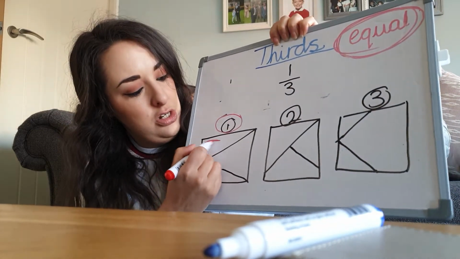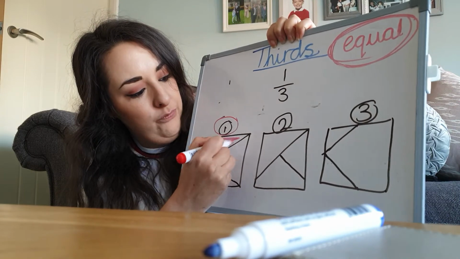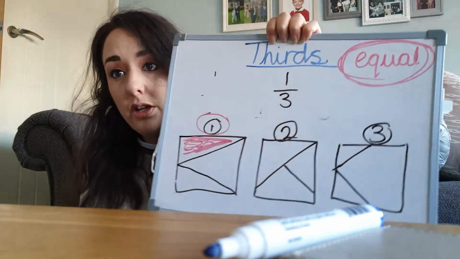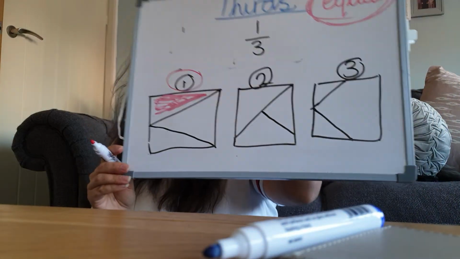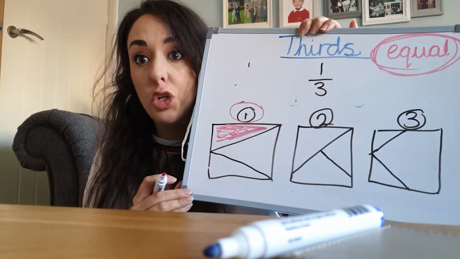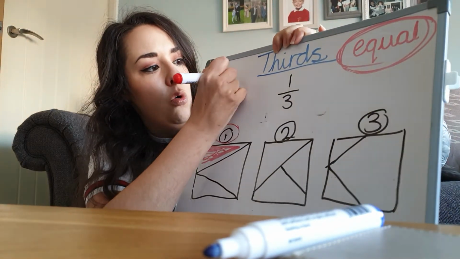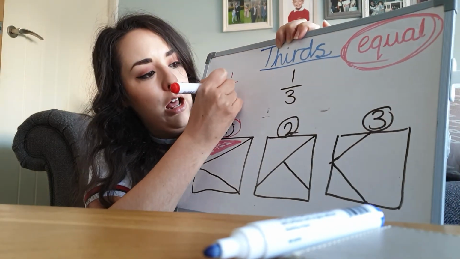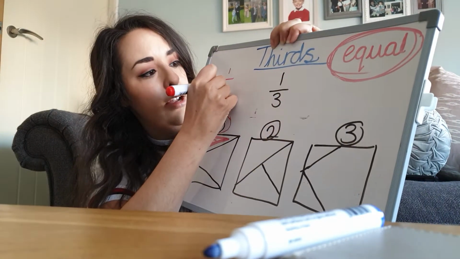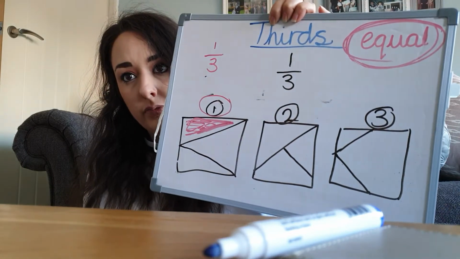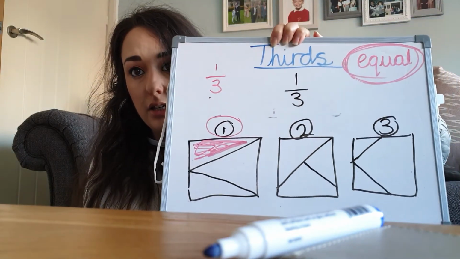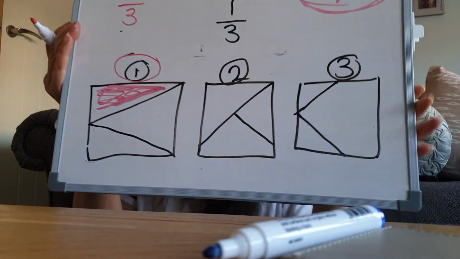That's right, just 1. So when you're finding thirds, the shape is being split into 3 equal parts, and it's written like this: 1, and then a line under it, and then a little number 3. Okay, thirds. So that's what we're going to be looking at today.